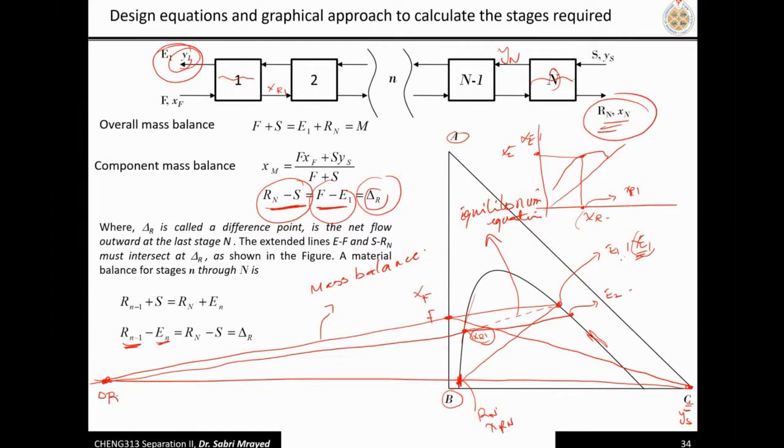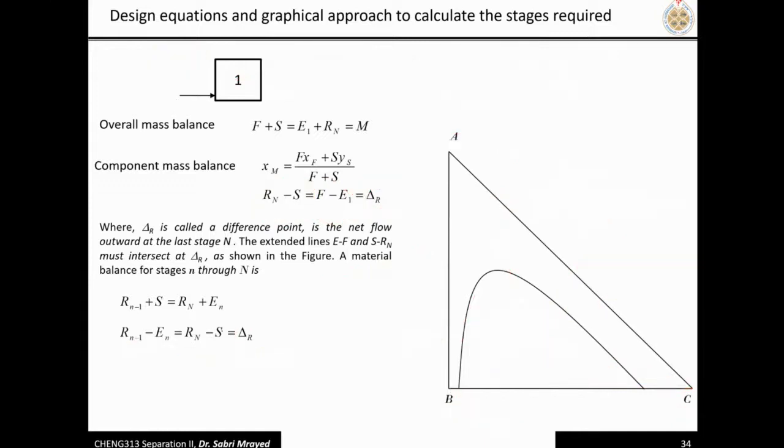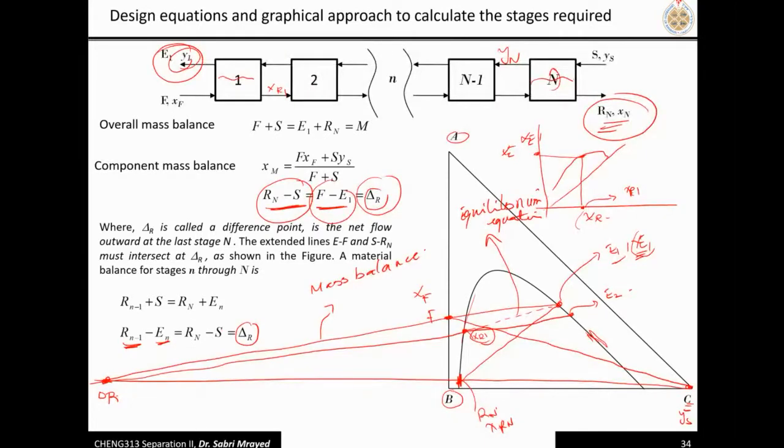So now you have E1 with delta R, which is constant and doesn't change with the stages. If you have E1, you will be able to get R0. If you have E2, and this is R1, that means N is equal to 2. So that will be E2, that's why E2 with R1.